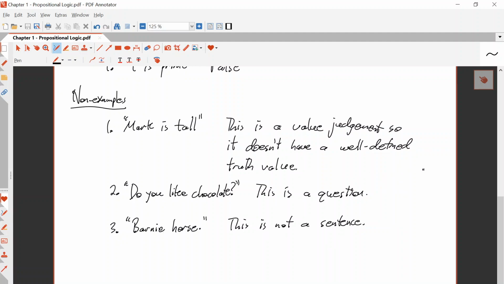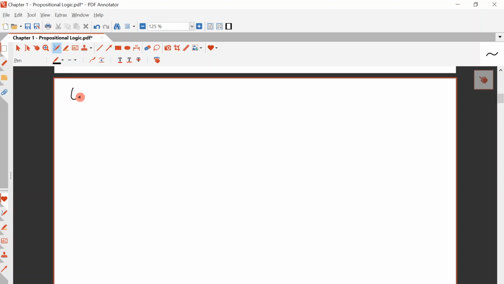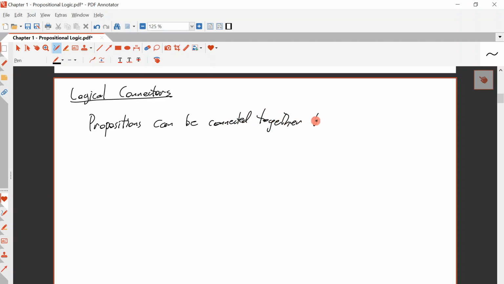Logical connectors. So propositions can be connected together to yield larger, more complicated, to yield compound propositions.